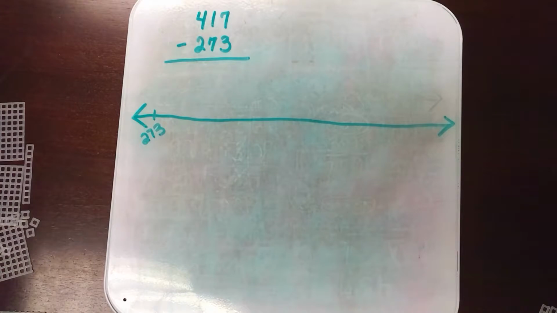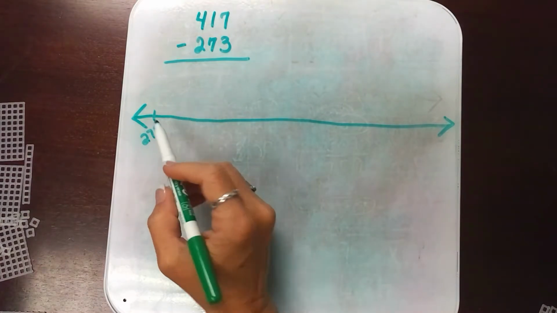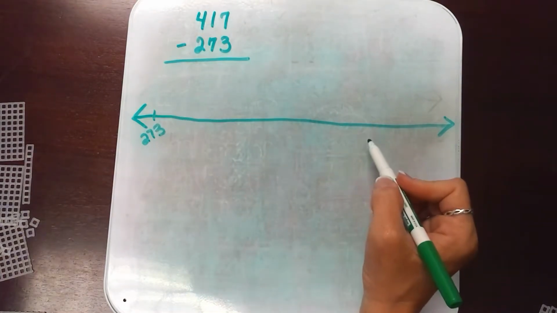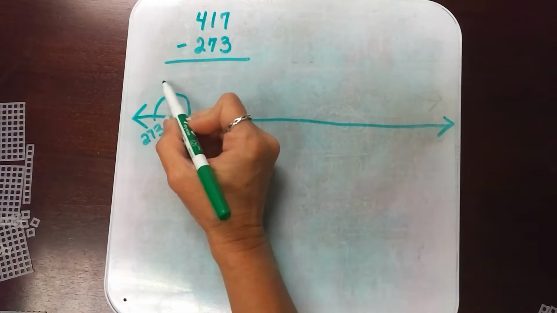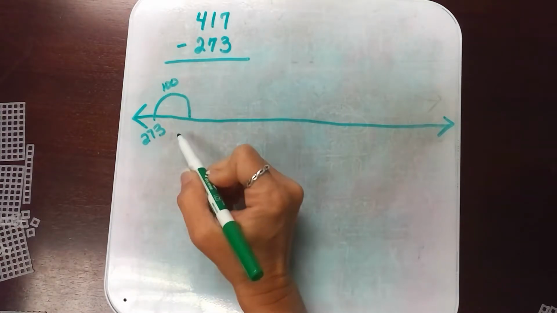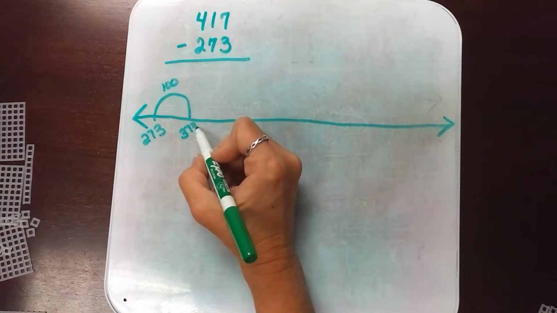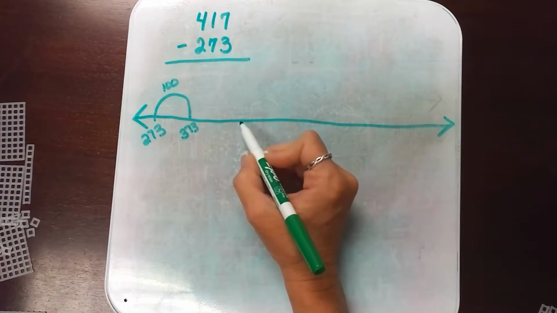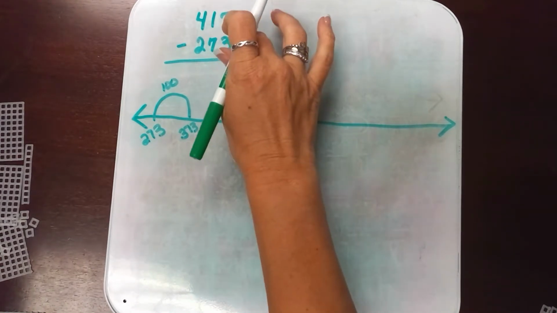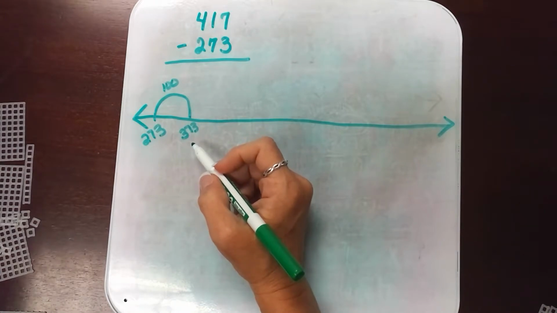So students would do jumps that were comfortable for them. So they could do jumps of 100 here, and I'll do that. So I'm going to add 100 to this because I know 273 plus 100 is 373. Can I do another jump of 100? If I do that, I get 473, which is way more than 417. So I can't do that.